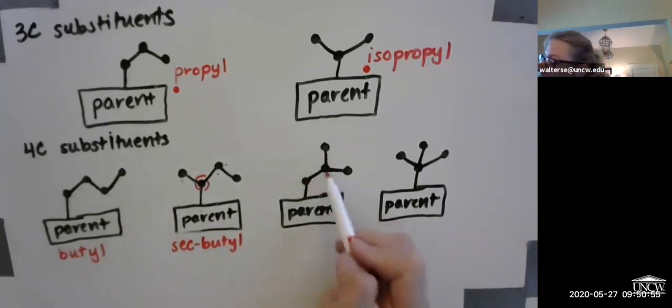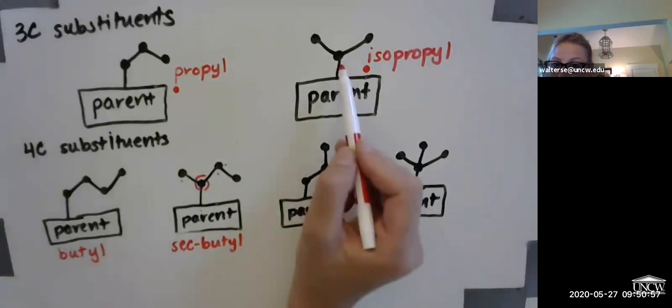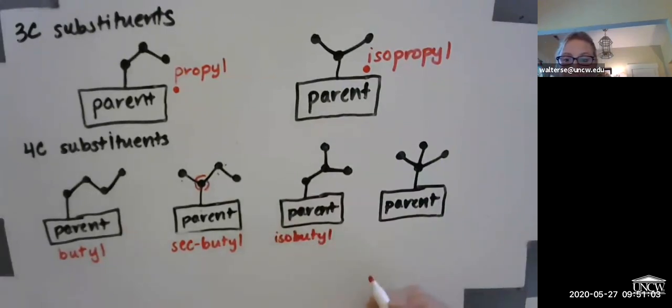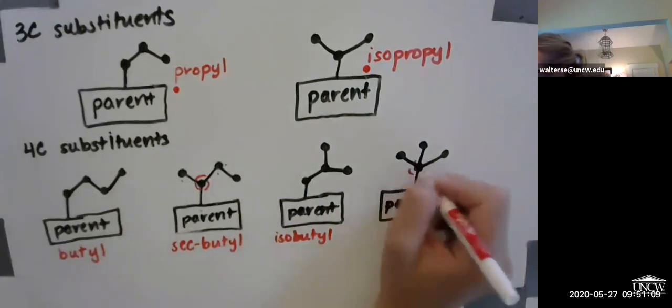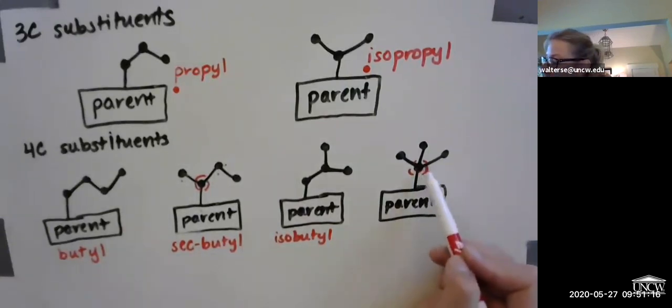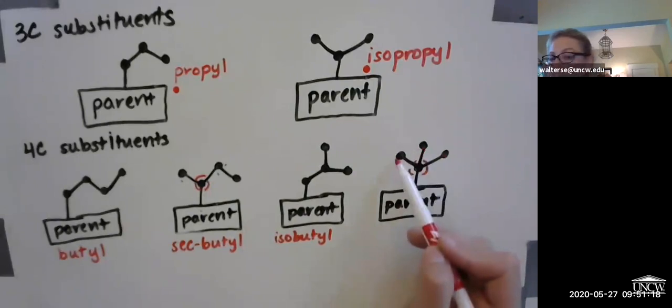Now this one has like a Y shape similar to this one. This is called isobutyl. Okay. This one is named similar to how this one is. So you have this carbon here in your branch substituent that's bonded to 1, 2, 3 carbons.